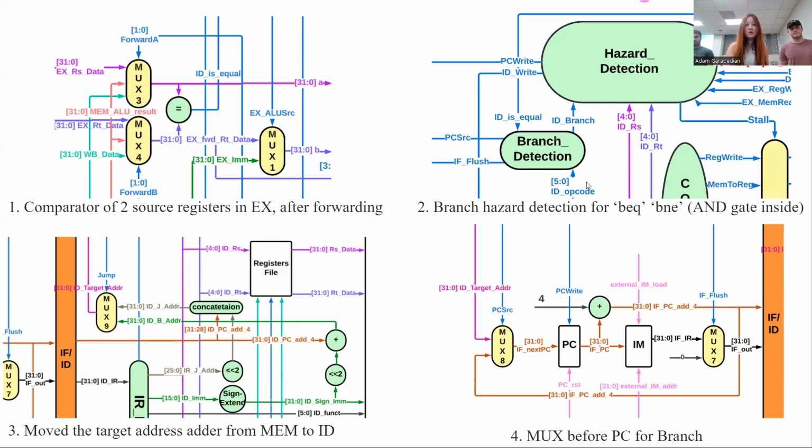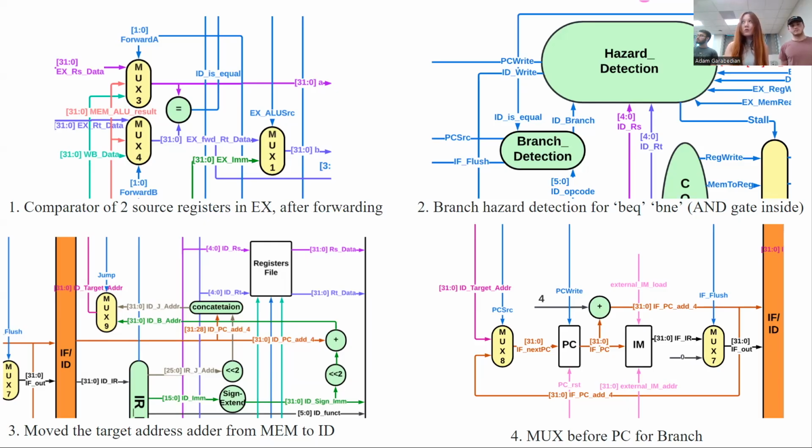In the branch detection, we will have an AND gate inside of it, and the result will be delivered by the instruction decoder with the opcode to present if it's branch equal or branch not equal. If it's not equal, we need to get the complement of the if-equal signal.